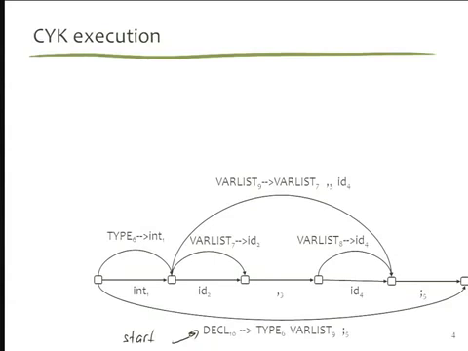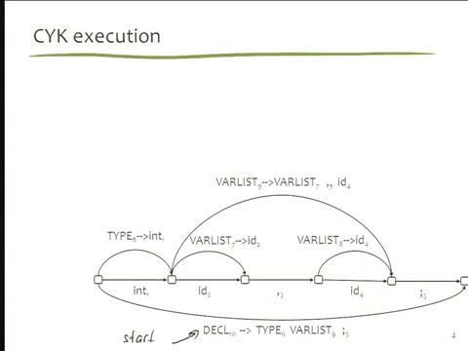Okay, exactly. So the question is, what do we mean by we have placed all the edges? The way the algorithm works is that it looks at the graph, and if it can find adjacent edges that correspond to the right-hand side of some production, it will say, oh, I have found a piece of input that is derived from the left-hand side of that production. And you place a corresponding edge to signify that you have found, oh, this is actually an expression or a declaration.